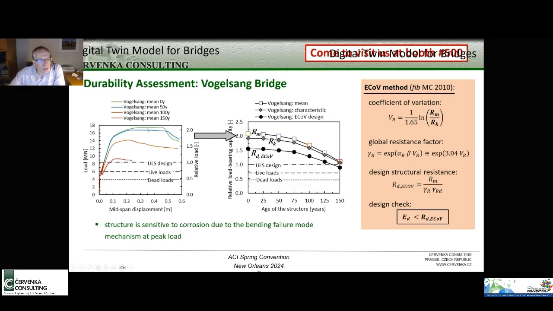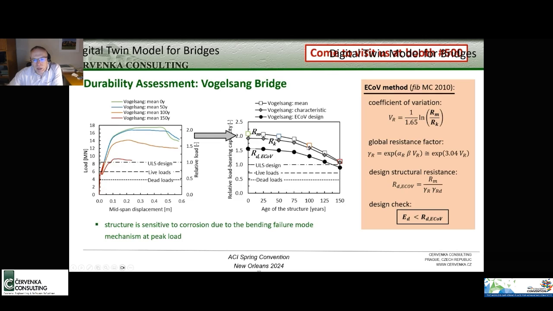So here we have one curve, the red, the green one corresponding to the original bridge when it is 0 years old. Then after 50 years, the blue curve. After 100 years, we see significant reduction of the strength, and very significant reduction if we go to 150 years. And we use some global safety formats, and we can plot this load carrying capacity of the bridge in time.